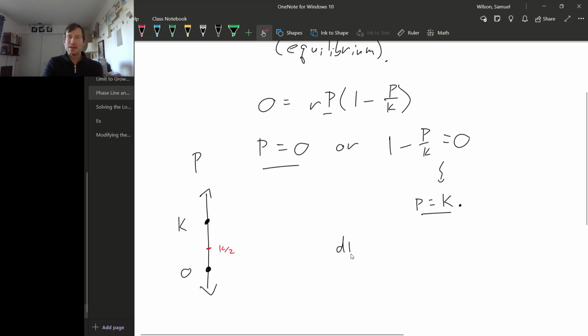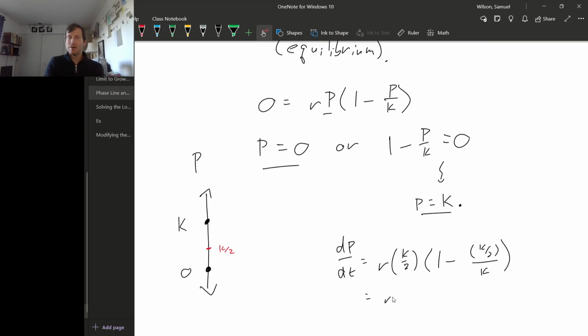So if we take our differential equation and plug k over 2 in here for p, we get r over 2 times k and then times 1 minus k over 2 over k, that's a half. And so this whole mess turns into rk over 4.